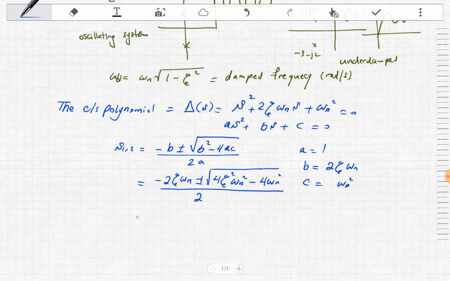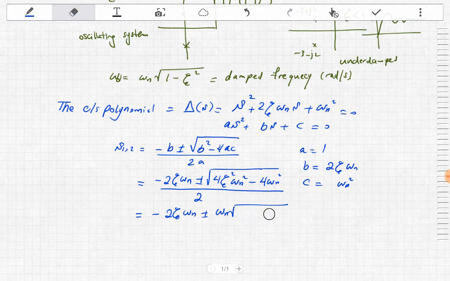Okay, let's simplify it. So I have minus 2 eta omega n plus or minus, I will take omega n square outside the square root, so it will be omega n. So you have plus or minus omega n square root of what's left here: 4 eta square minus 4. The 4 you can take out also, and you have 2. So what's left? Eta square minus 1, over 2.